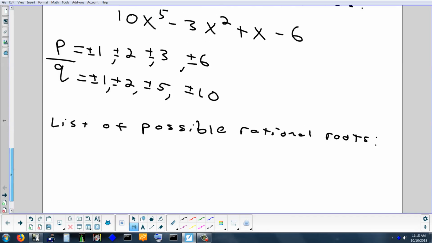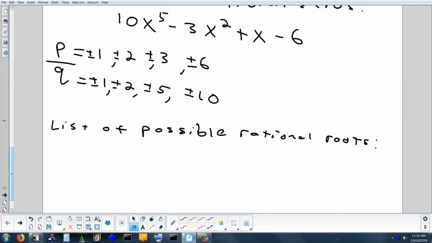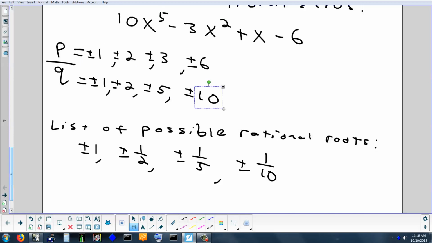Let's start with P equals 1, plus or minus. You could have 1 over 1. You could have 1 over 2. You could have 1 over 5. And you could have 1 over 10. That's every possible denominator with a numerator of 1.